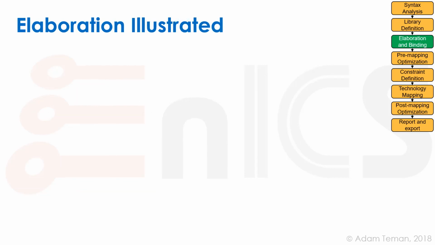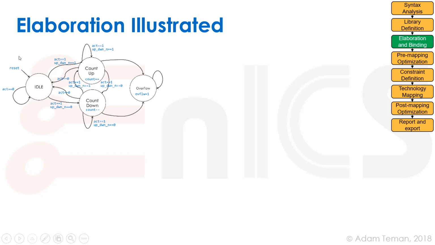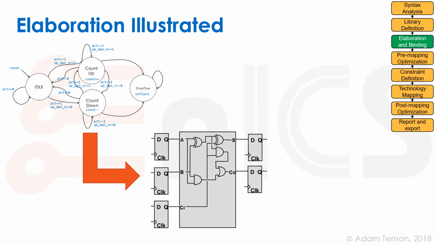So here's a small illustration of the whole elaboration process. We started with our state machine that we drew up, and we knew how to turn it into some very specific RTL code. We were able to stick it into a synthesizer and easily, almost straightforwardly, elaborate it into, here we have some flip-flops, some logic, some other flip-flops.